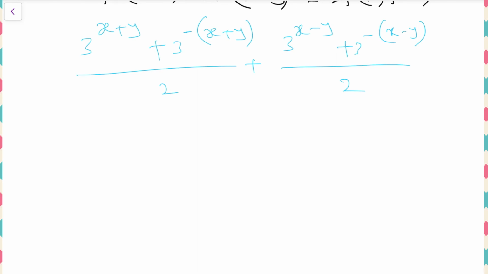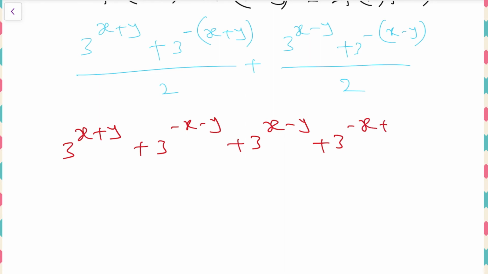That will become 3 power x plus y plus 3 power minus x minus y plus 3 power x minus y plus 3 power minus x plus y, whole divided by 2.